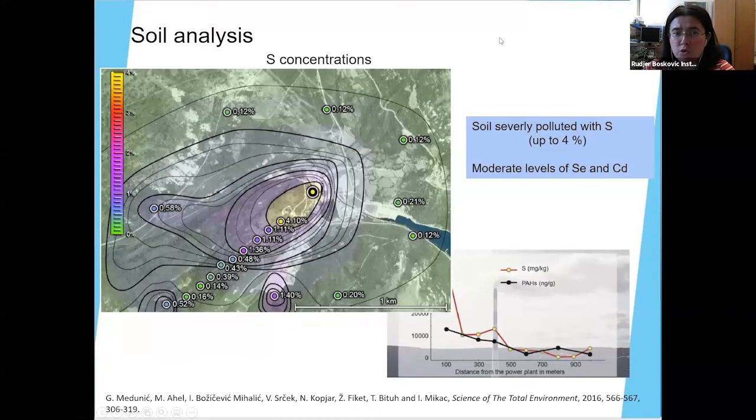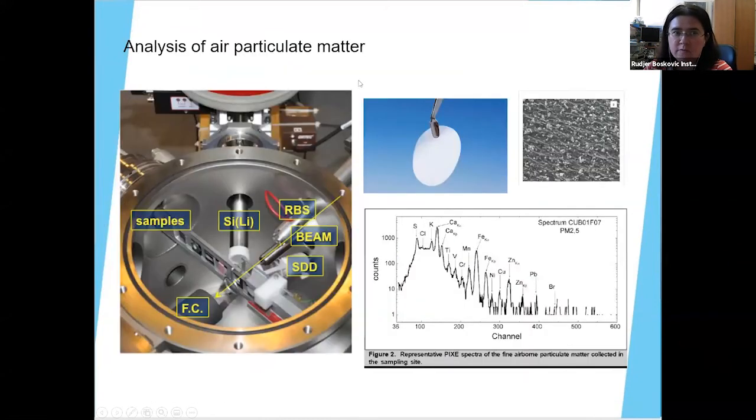And the conclusion from these measurements was that the soil around the power plant is severely polluted with sulfur, which is a result of three decades of use of high sulfur Russian coal. It was also noticed that there are moderate levels of selenium and cadmium. Okay, so similar studies can also be performed on air particulate matter.